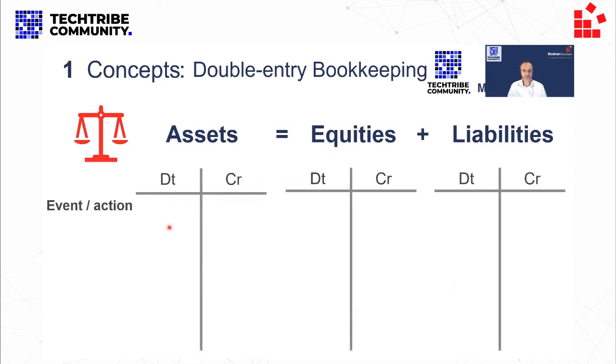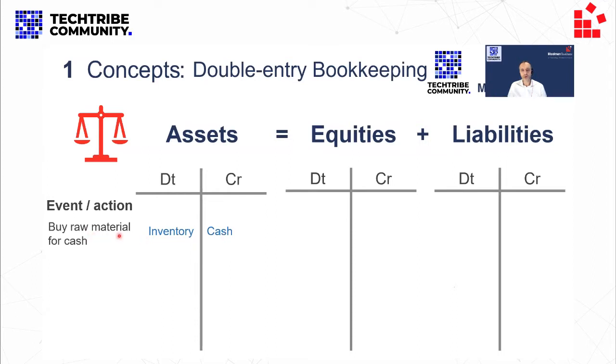So let's look at a few specific events. Let's say that you buy raw material for cash in your business. This has an effect on two assets actually. The one is that your inventory increases because you now have this raw material. The second one is that your cash decreases. Remember that when you debit an asset, it increases. When you credit an asset, it decreases.